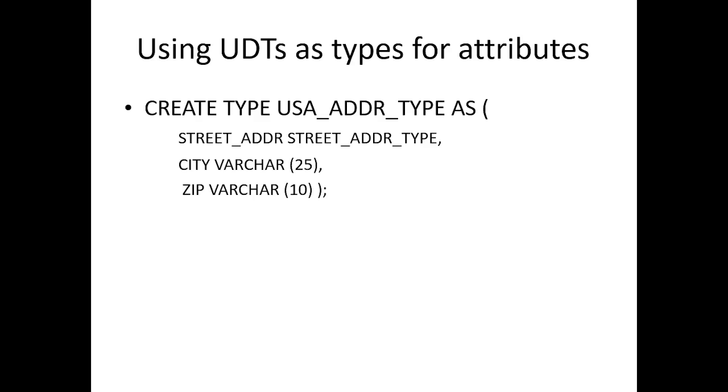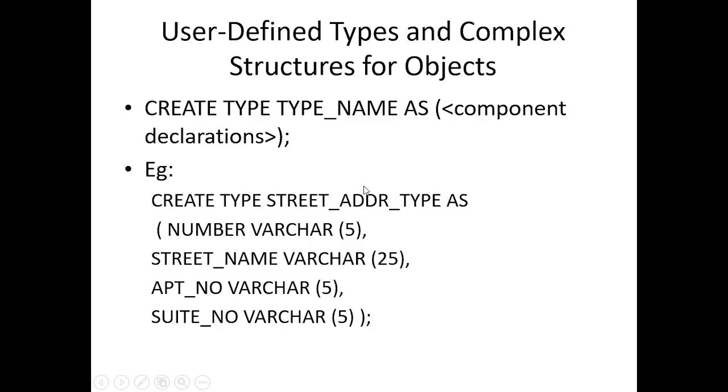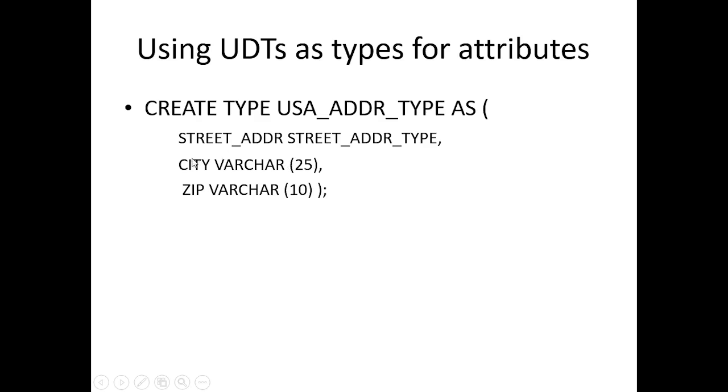So now using these UDTs as types for attributes. For example, create type USA_addr_type as street_addr, where street_addr is of type street_addr_type. That was just defined here, and city varchar of 25, then zip, that is varchar of 10.